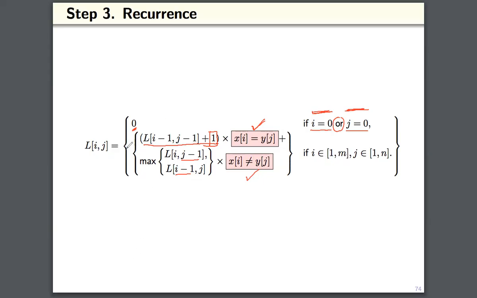You can also use a max if you want, but this is probably easier because you have less computation. You don't have to compare. Okay, this is our LCS recurrence.